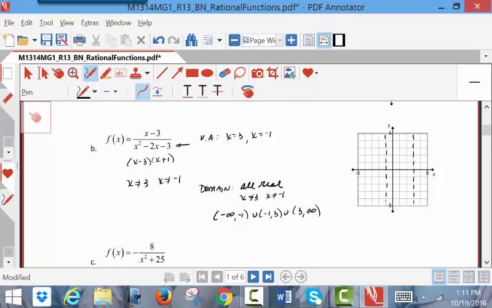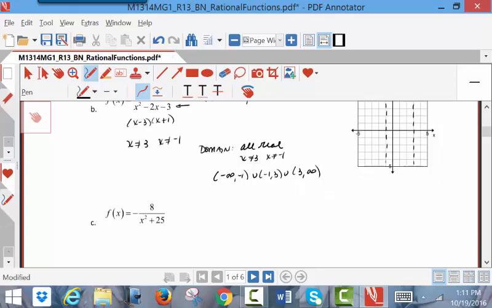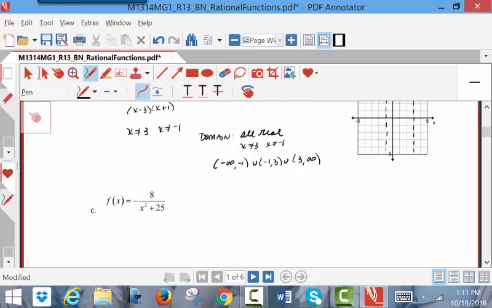Okay, moving right along. This next example, again, when they ask for vertical asymptotes, you want to know what values make the denominator equal 0, which in turn makes the entire rational undefined. Are there any values that would make this denominator equal 0? Well, let's try that. If I put a 5 in there, is that denominator going to equal 0?